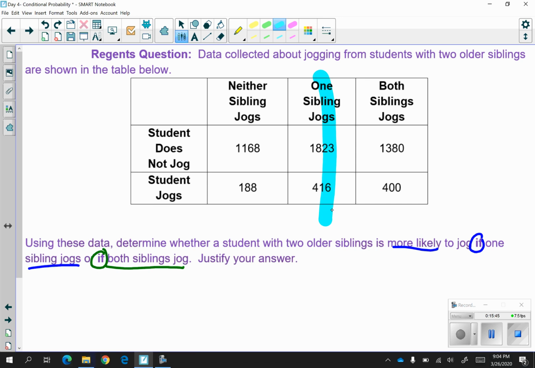So here you go. And in order to do that, you need to find the total first. So my total here, if I were to add it up going vertically, I would have 2,239.